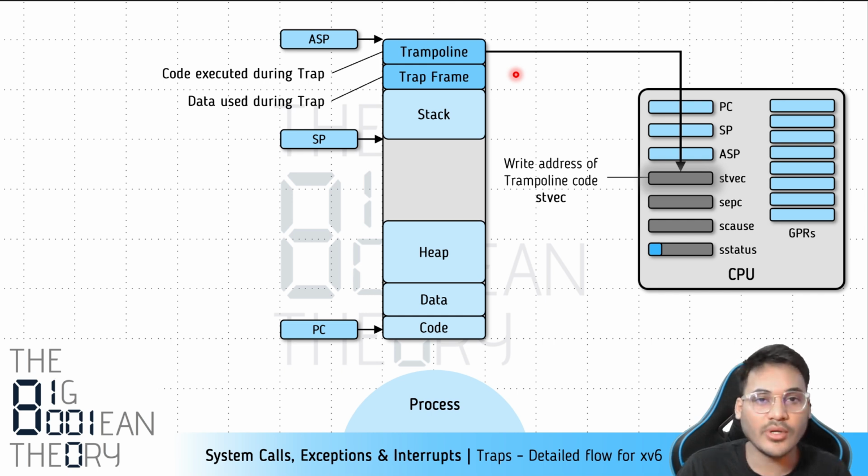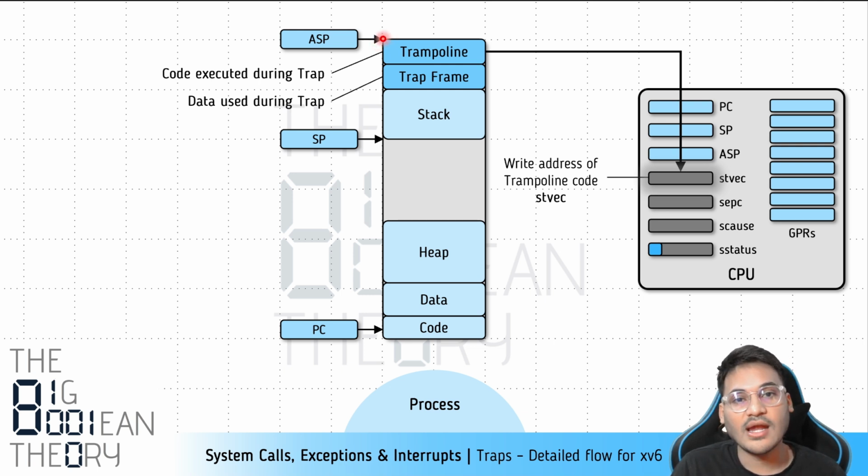Further processing also happens, but immediately after the user process, the trampoline is the code which runs. And as you know, the trampoline is always at the same address in each user process and also in the kernel, right? So this address will be the same in every address space. So that is the address that the kernel writes in this register. So this was the 0th step.